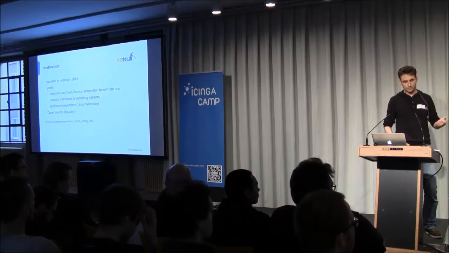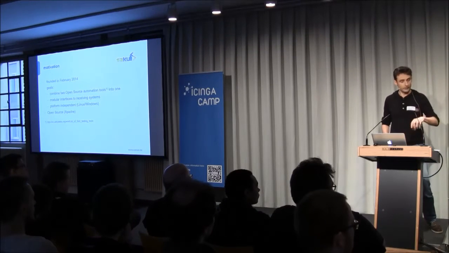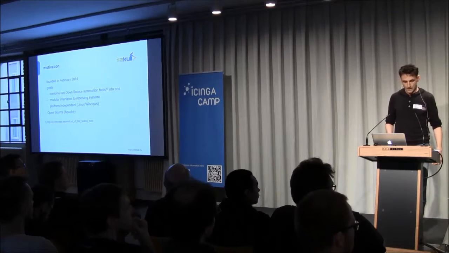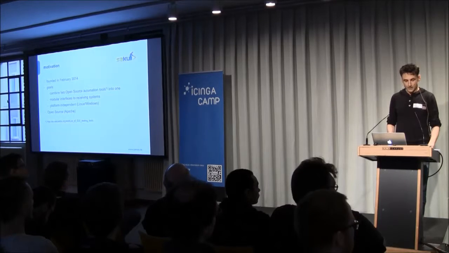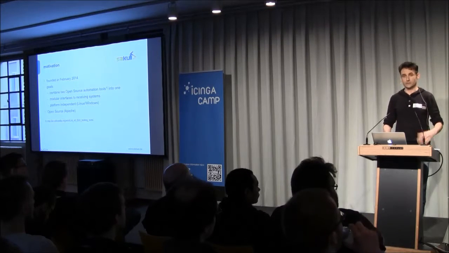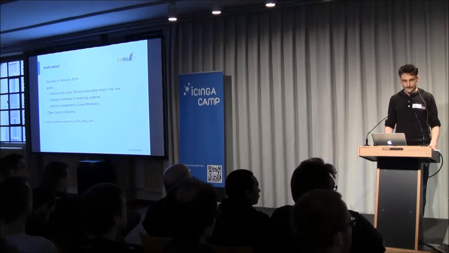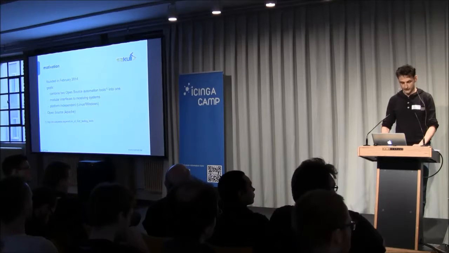We wanted to be able to add functionality in the future by adding modules to Sakuli. And of course, we wanted to be platform independent. Sakuli is written in Java because Sahi and Sikuli also have a Java API. And Sakuli is open source, of course, released under the Apache license.